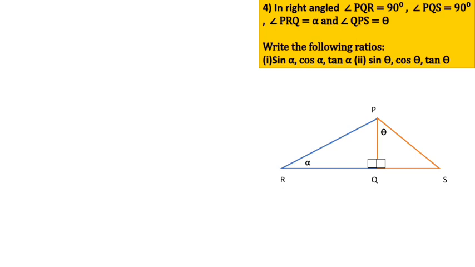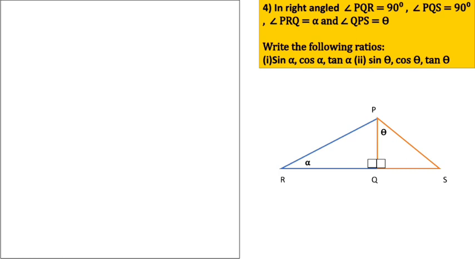One is PQR, in that Q is 90 degree. The other triangle is PQS, that also has angle Q as 90 degree. Two separate right angles are given. So I have highlighted over here with the blue and red color with two highlighters.